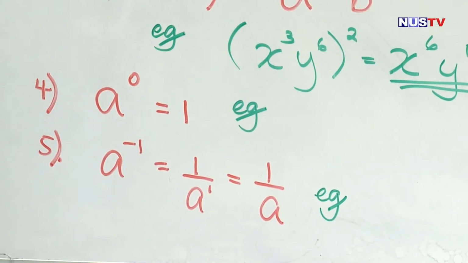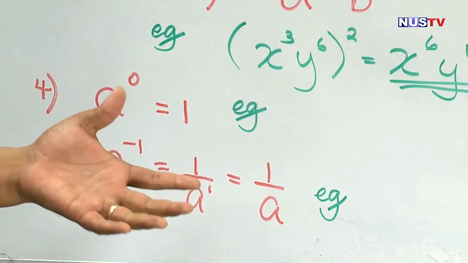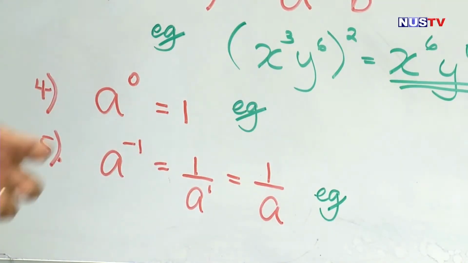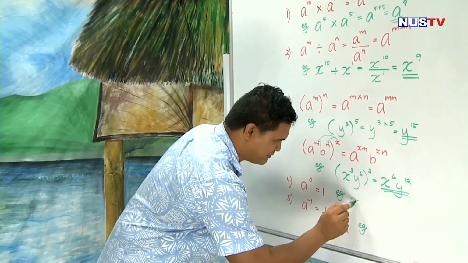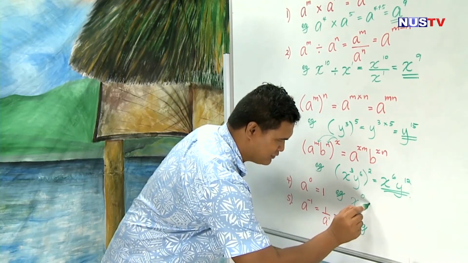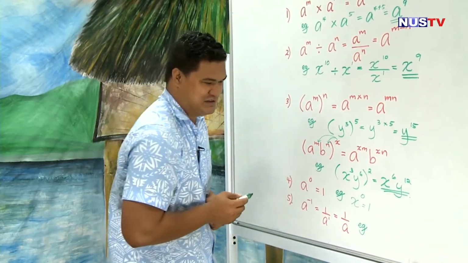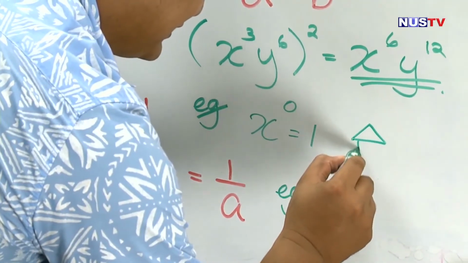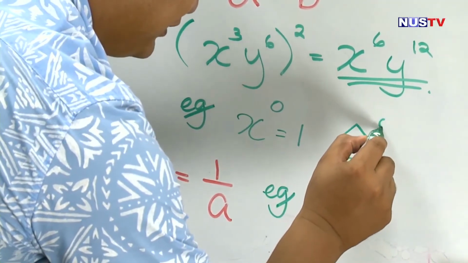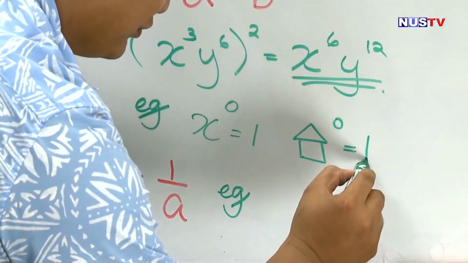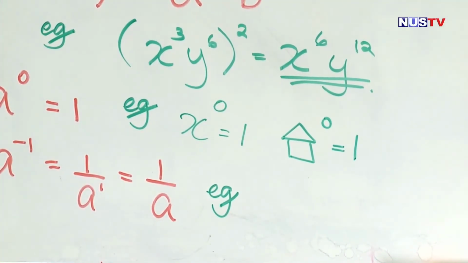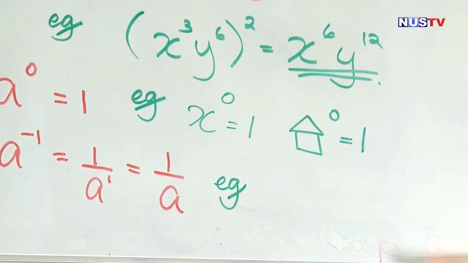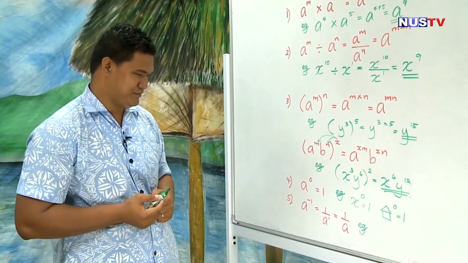That rule says that anything to the power of 0, the answer will be 1. So when we have x to the power of 0, the answer will be 1. When we have, say, a house to the power of 0, the answer will be 1. This simply means anything to the power of 0, the answer is 1.